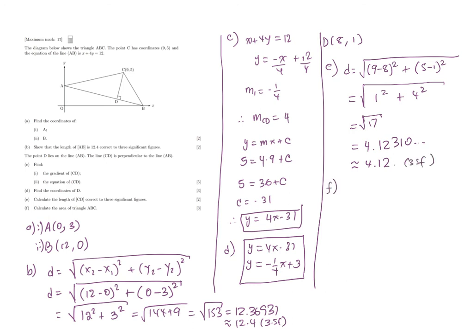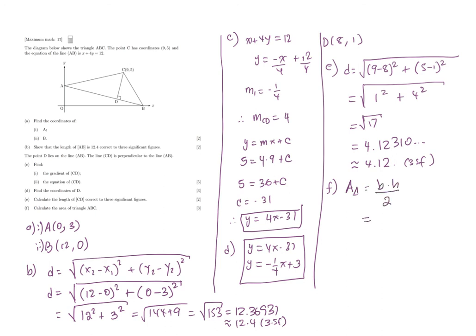Now, finally, we're going to do part F. Calculate the area of the triangle ABC. So this triangle is drawn such that we know what the base is. The base is the length of AB. And the height is this perpendicular line. So we can use the traditional formula for the area of the triangle, that is base times height divided by 2.